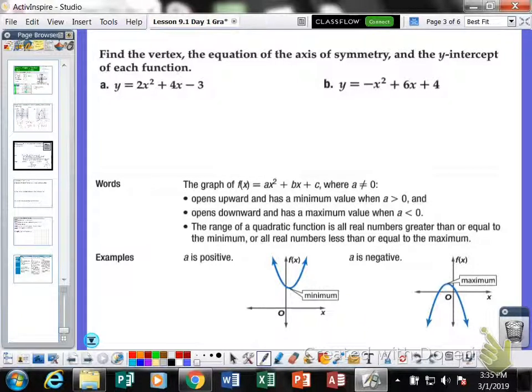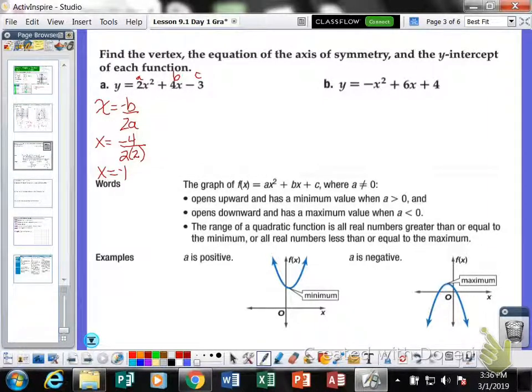So in order to find x, we use the axis of symmetry. x equals negative b over 2a. a is the coefficient, b is the coefficient, c is my constant. So a would be 2, b would be 4. Then x equals negative 4 over 2 times 2, which would give us negative 1.